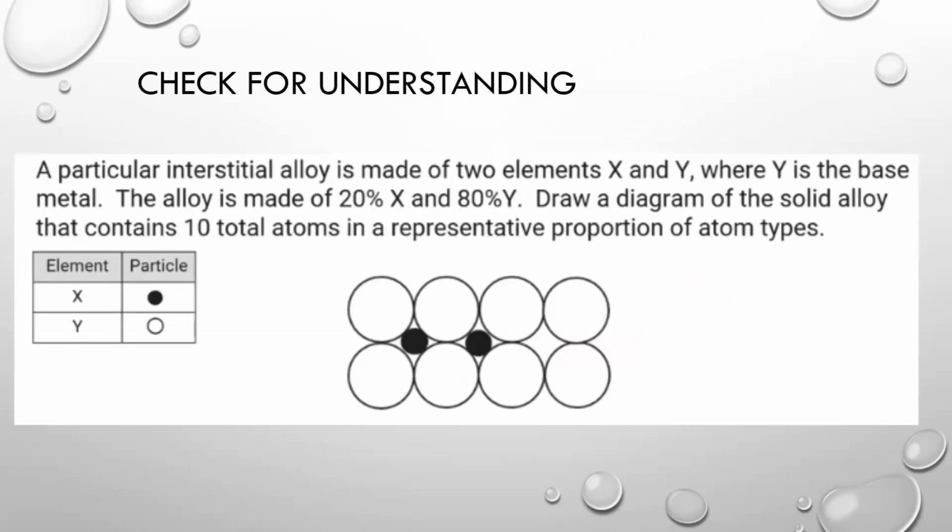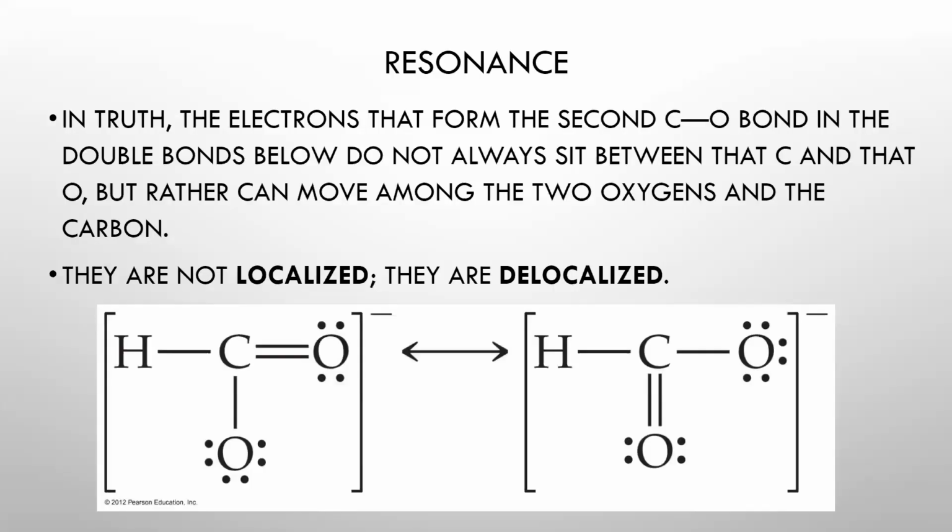So part of it is, do you draw it correctly according to the colors they're saying? Part of it is, do you have the right number of particles? And do you have them in the correct way? Is the size of the particles correct? Is interstitial versus substitutional? This diagram here is interstitial. We have a big particle and a little one. Substitutional, they'll be the same size. You do need to be careful with that. Right.